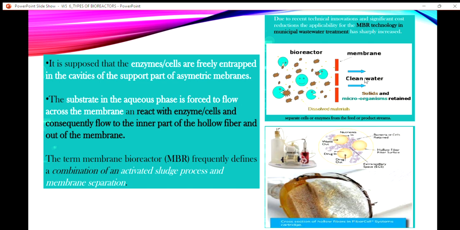So what you get is clean water plus only the microorganisms that you want, based on size. So usually this is used in bioreactors to treat wastewater.